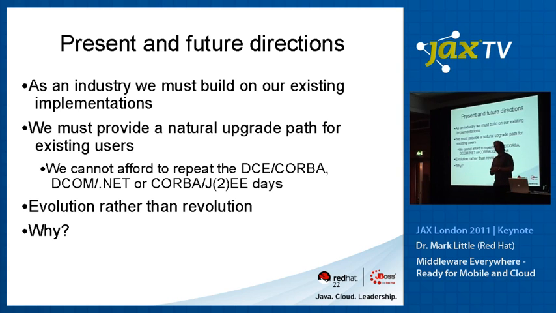And we really shouldn't be doing that today. Yeah, Ruby's great, but we don't really want to write a transaction service in Ruby or a security implementation in Ruby or a module system in Ruby. Let's take what's already out there.